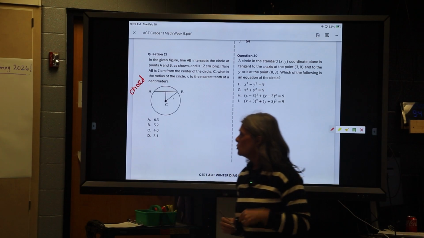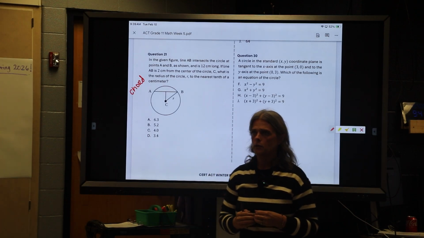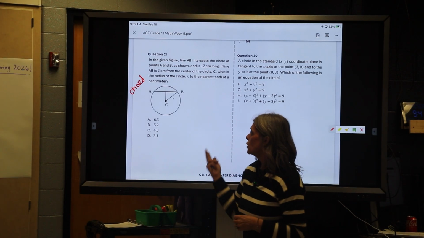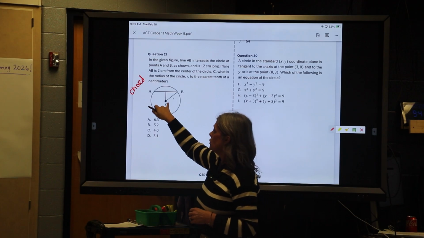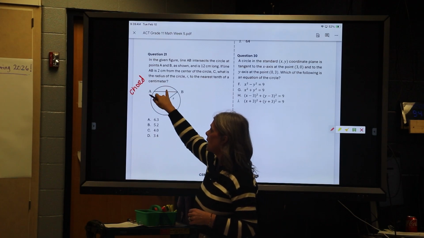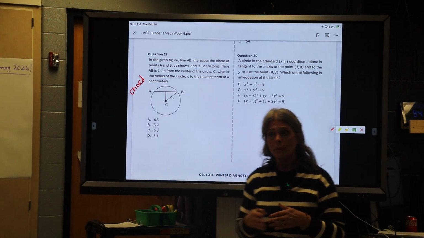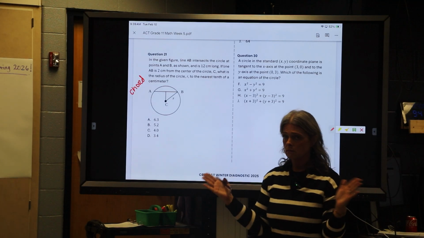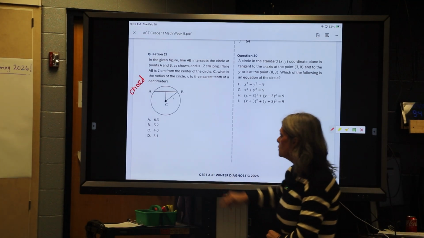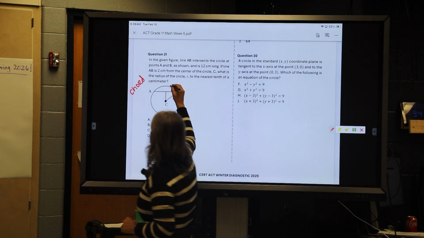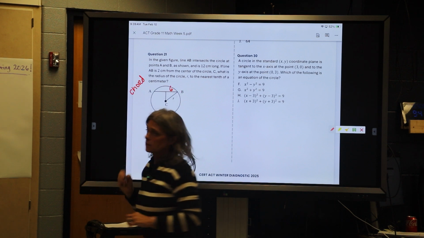There's a couple of different theorems that you need to understand. The first one is that when you drop a line straight down to a chord, it's split in half. It's bisected, and that just means right in half. So if this thing is 12, this part of it is going to be 6.